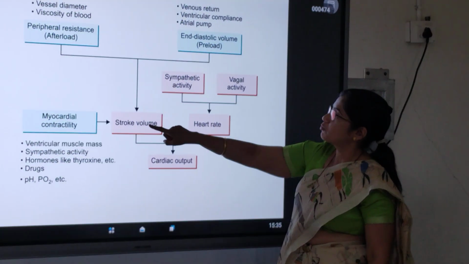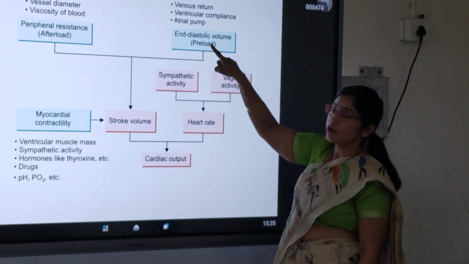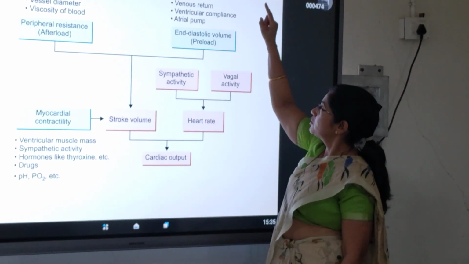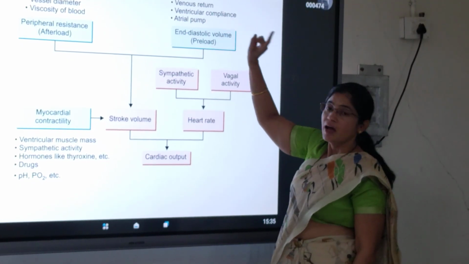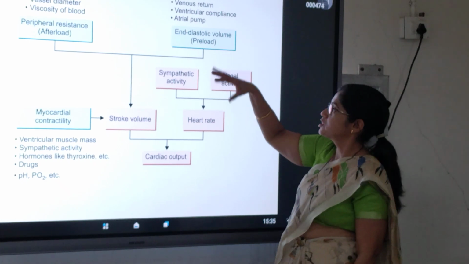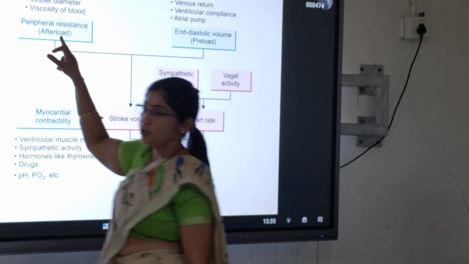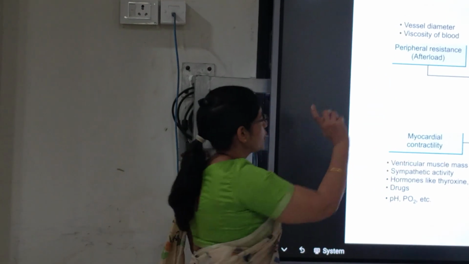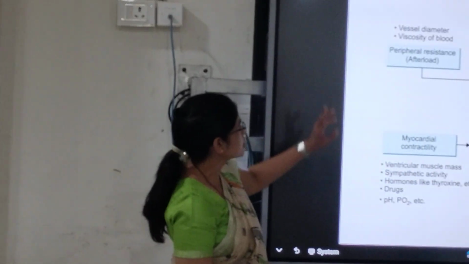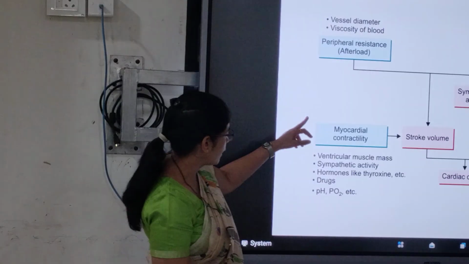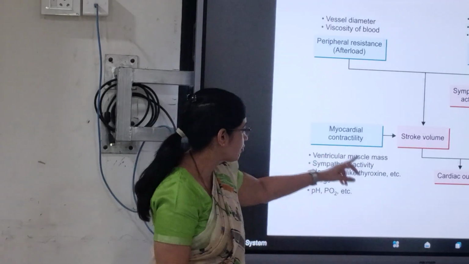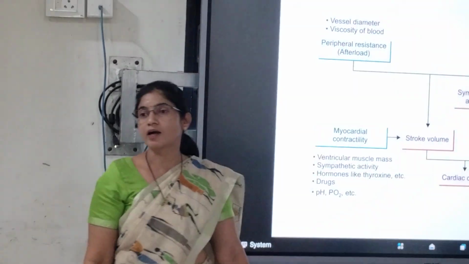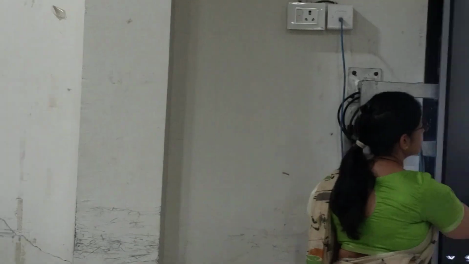And the stroke volume depends on your preload factors, that is venous return, ventricular compliance and the atrial pump, how much the atria is pumping, and the afterload factors, that is the vessel diameter and the viscosity of the blood. And then the myocardial contractility. So these factors are acting on the myocardial contractility. Overall, all these factors are contributing to maintain the normal cardiac output. So are you getting this?